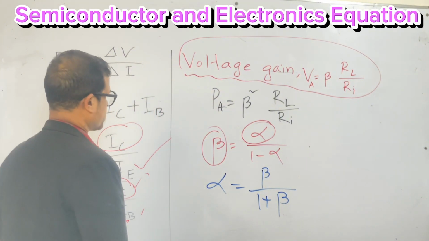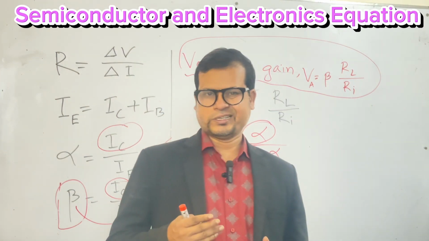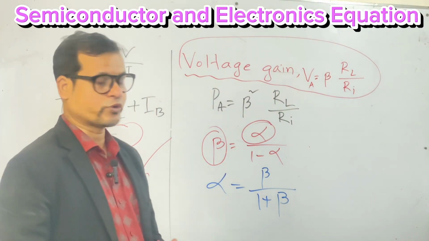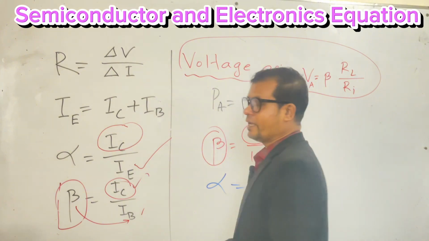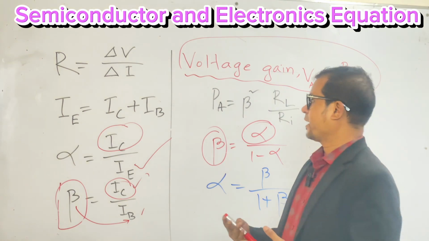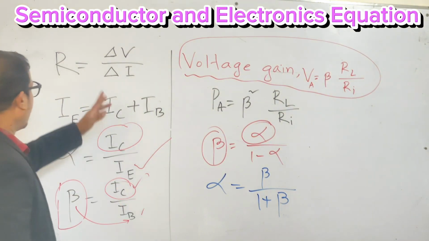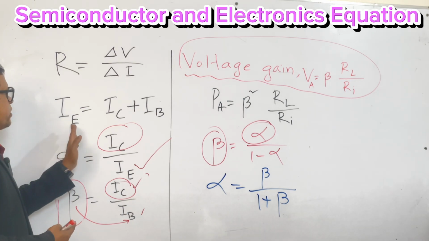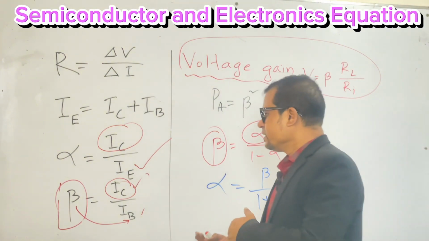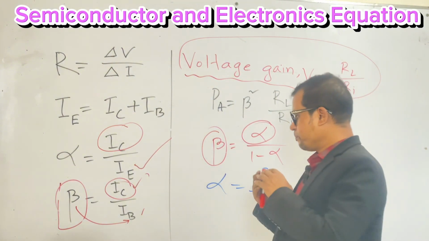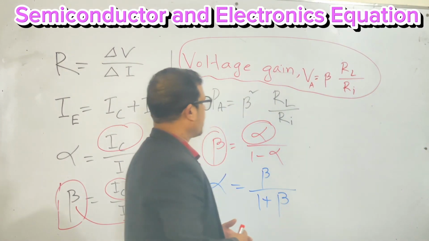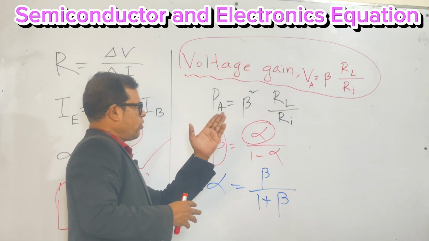Just remember these equations, and they will boost your excellence in mathematics and in understanding the creative question. So again, please remember these and try to understand their application and why you use them. R equals del V over del I, IE equals IC plus IB, alpha equals IC over IE, beta equals IC over IB, voltage gain AV equals beta RL over RI, AP equals beta squared RL over RI.